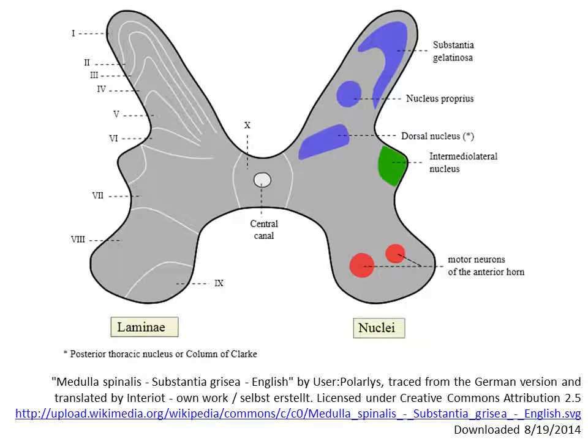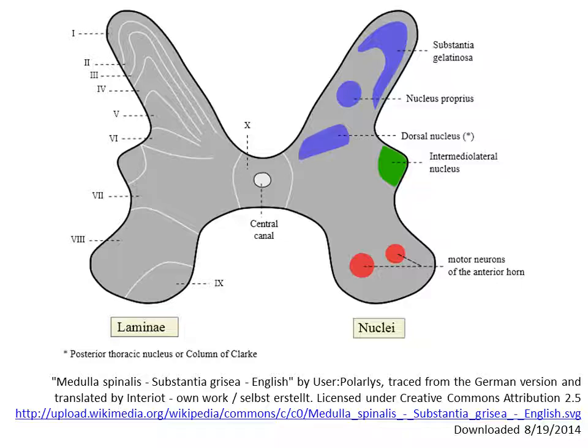On the left-hand side of this image, you can see a rough drawing of the various laminae. When we look at our dorsal horn, the dorsal would be the part that's closest to the top of your computer screen. That would be the back of the spinal gray matter. That's where we have lamina 1. And then it just moves forward through the dorsal horn. So basically the dorsal horn contains laminae 1 through 5, maybe 6. 6 is starting to get into what we call the intermediate level, but we'll say 1 through 5 or 6.